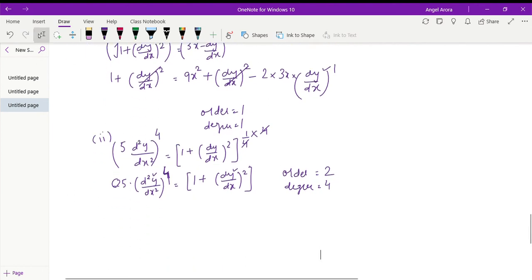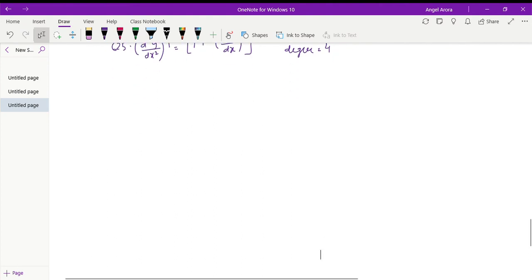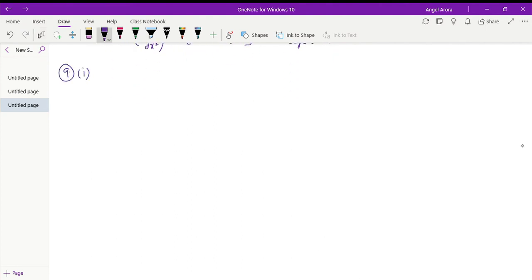Ninth question, part 1. Y triple prime squared plus y double prime raised to 3 plus y prime raised to 4 plus y raised to 5 is equal to 0.